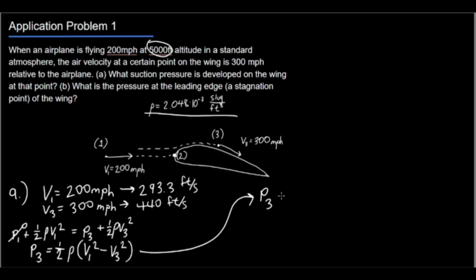P3 is equal to 1/2 rho. We're going to plug in our unit for density, 2.048 times 10 to the negative 3 slugs per feet cubed.